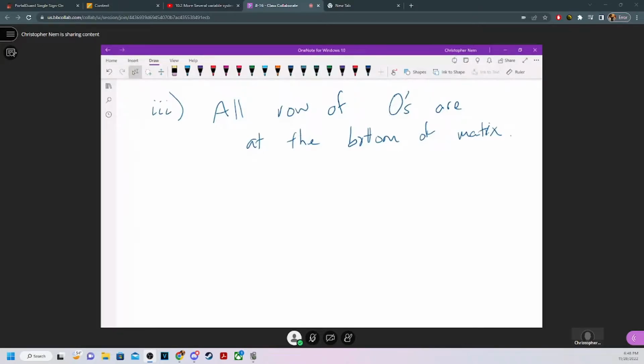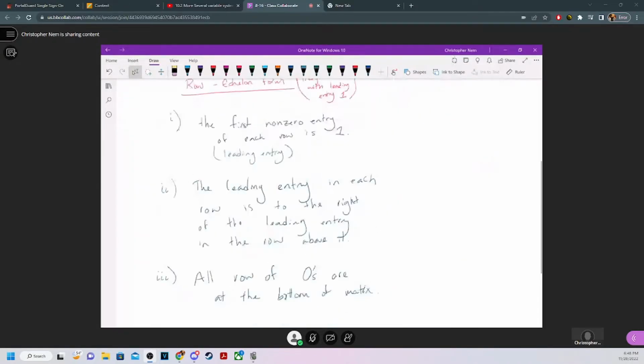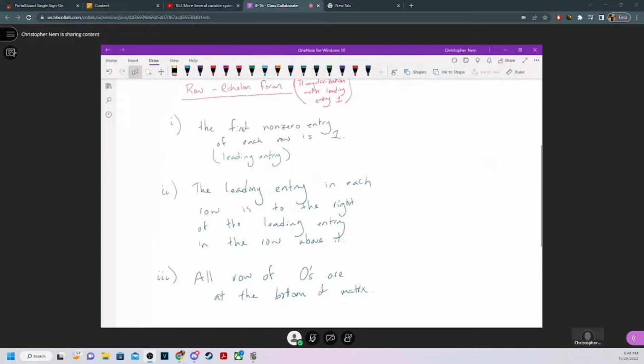If you have all of these conditions satisfied, that means your matrix is in row echelon form. And we have always put things in row echelon form when we triangularize it. If you triangularize and turn all your leading coefficients to 1, you automatically have row echelon form.